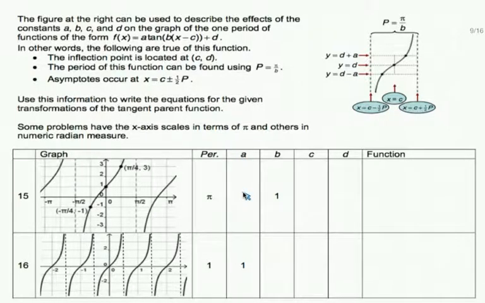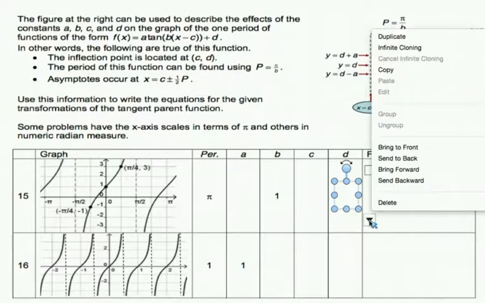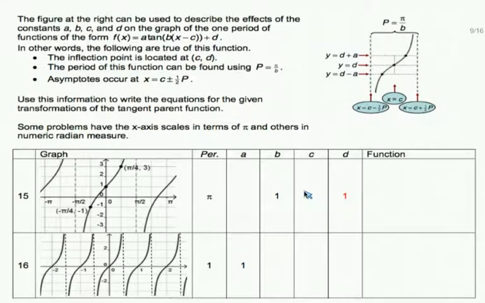Now we need to find our A value. But before we find our A value, we have to know our D value, excuse me. So if you look here, your sinusoid or your middle point moved up 1, so your D value is going to be 1. Okay?